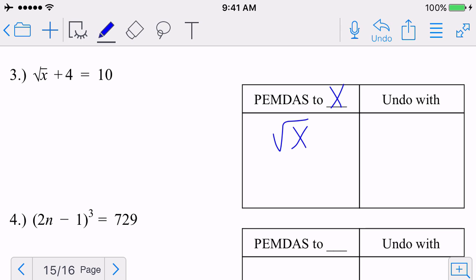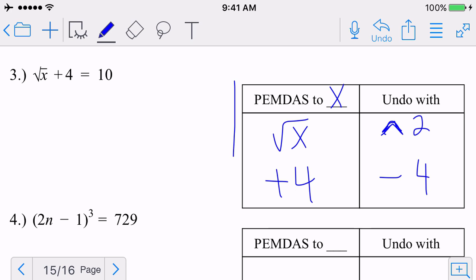Well, what we're going to have to do is take it to the second power. So I'm going to draw that little caret to represent the exponent. So to the second power, just like what your calculator has, is that little arrow thing. And then what else are we doing to x? Well, we're adding 4 to it, so we have to undo that with subtracting 4.